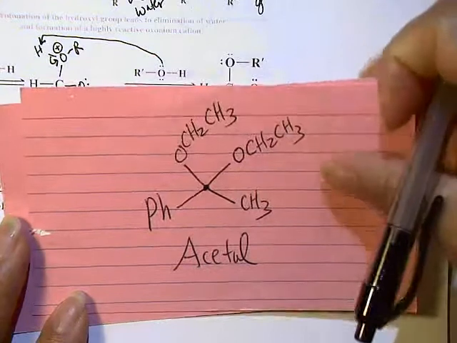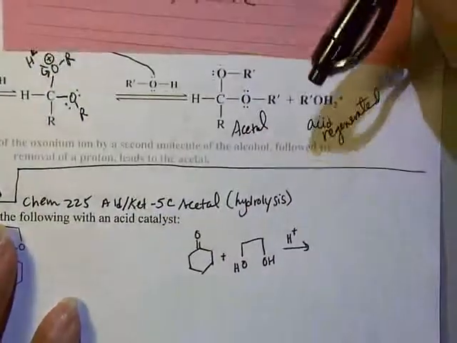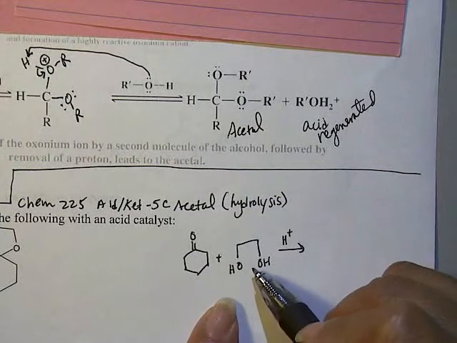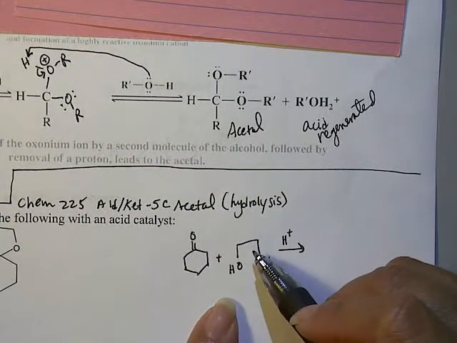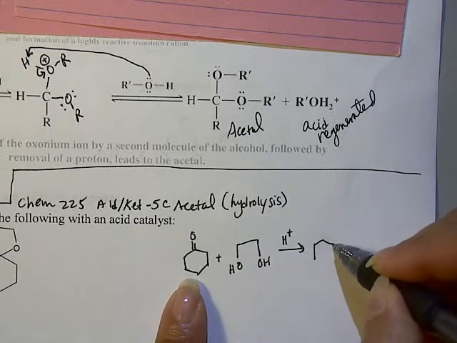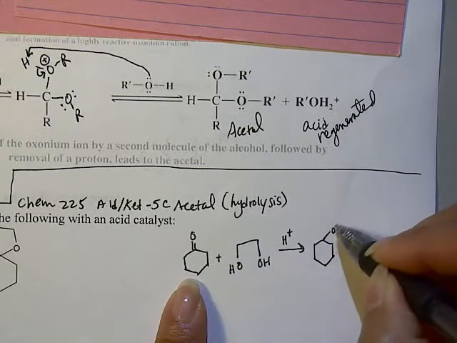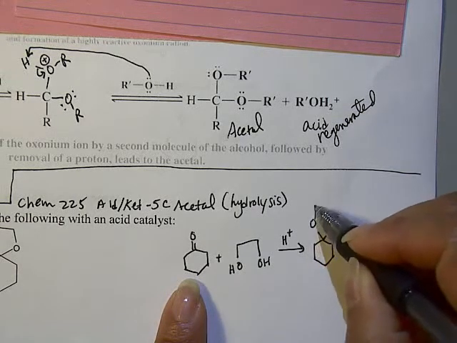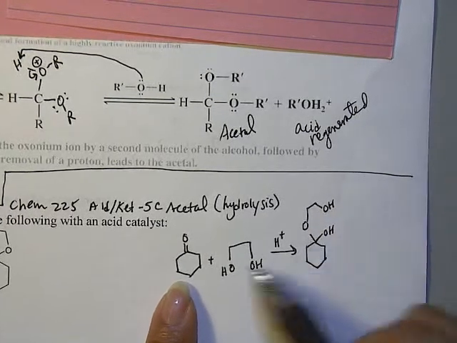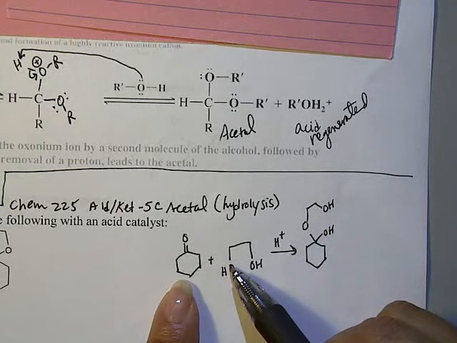The only difference between this problem and this problem is that the alcohols are attached to each other, all right? So you could imagine that when you draw the hemiacetal, it will look like this, right? Where one of them has added.